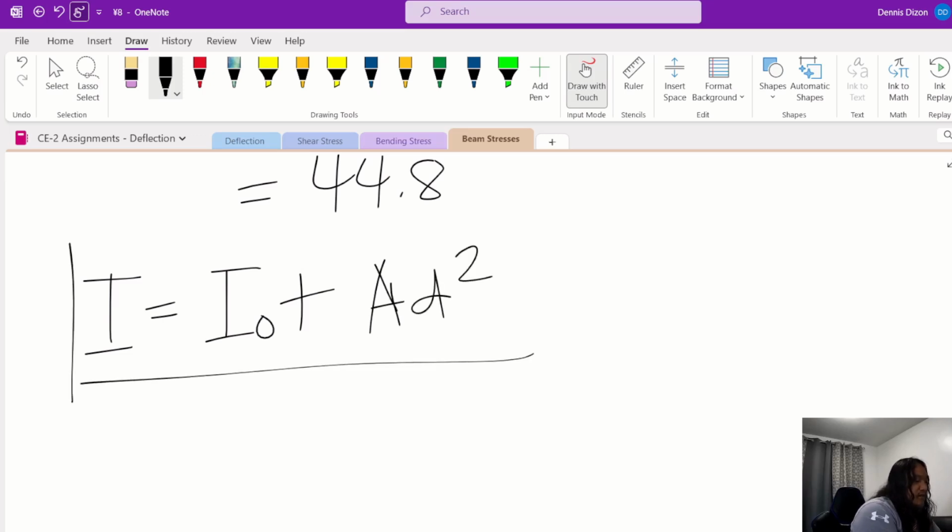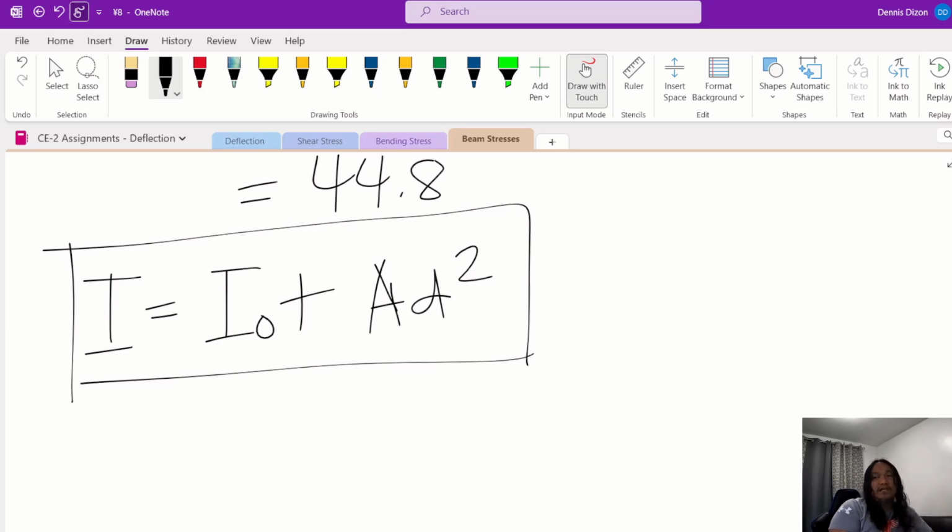So this is our general equation for transfer moment of inertia. If the moment of inertia of the overall section is not located at the centroid, that's why you have to do the transfer moment of area.